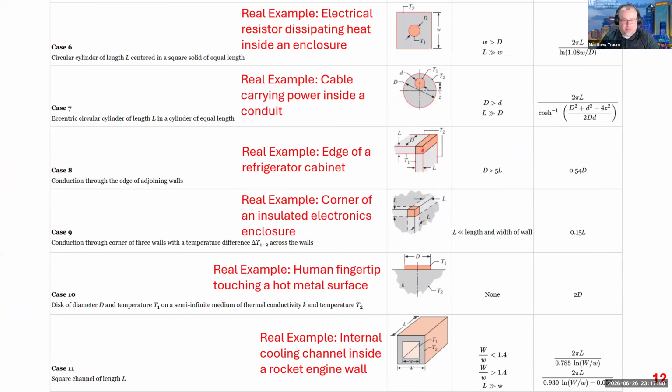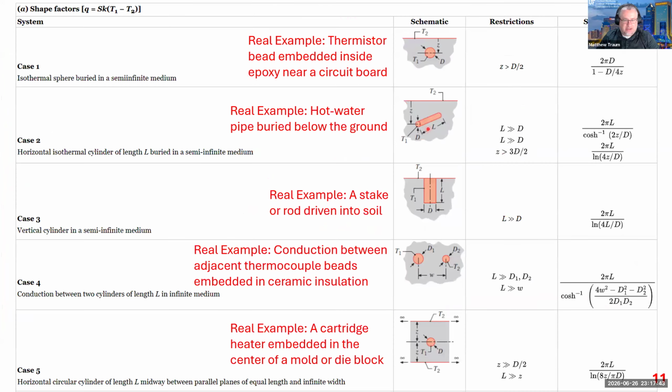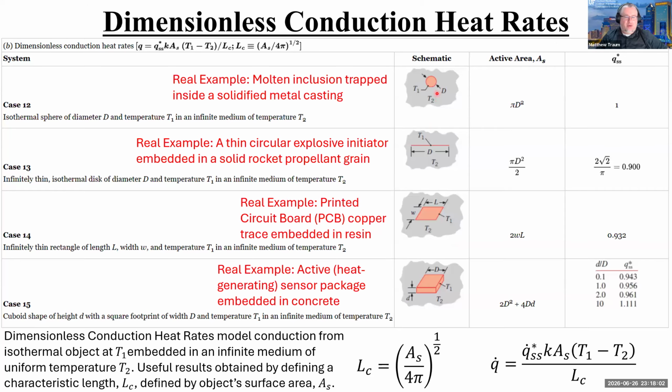In all of the previous cases, there's some characteristic distance between the sphere and the surface, the cylinder and the surface, the depth of the cylinder, the distance between these two cylinders. There's always some characteristic length. Now that you have an object all by itself, there's no characteristic length, and so we need to calculate a characteristic length and then plug that into an equation that's specifically set up to process the characteristic length. So we'll get to the characteristic length in a second.